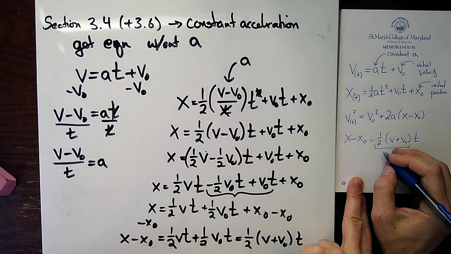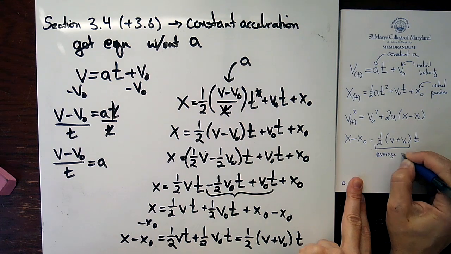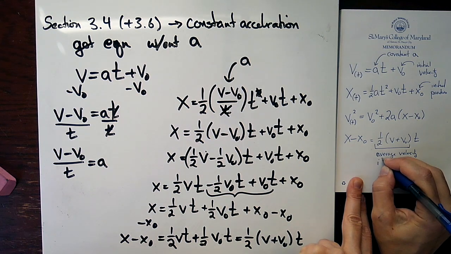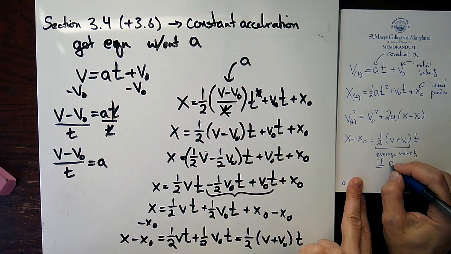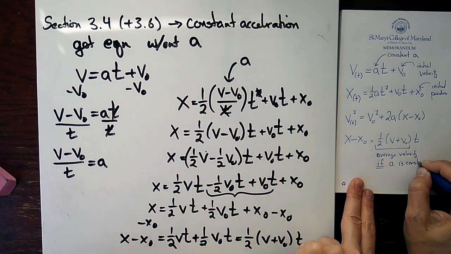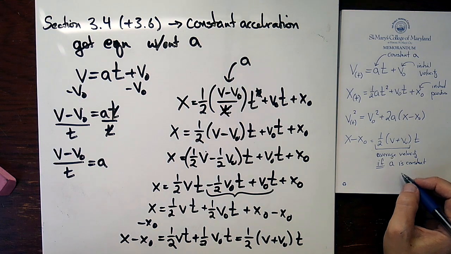So that is the average velocity if, and this is very important, the acceleration is constant. It won't be the average velocity if the acceleration isn't constant.